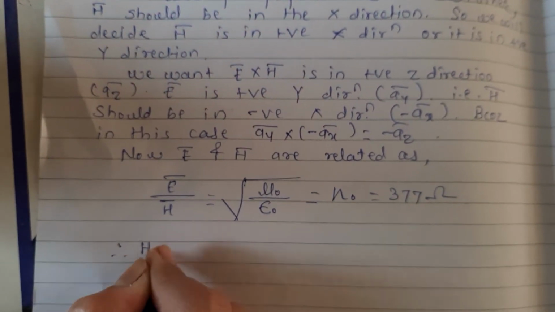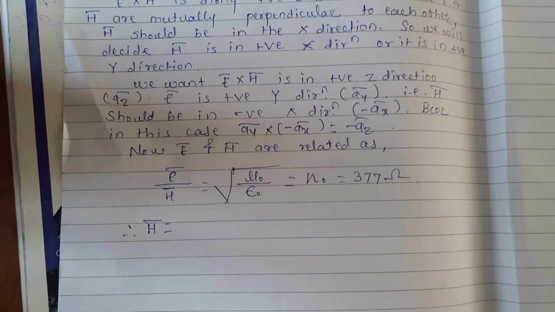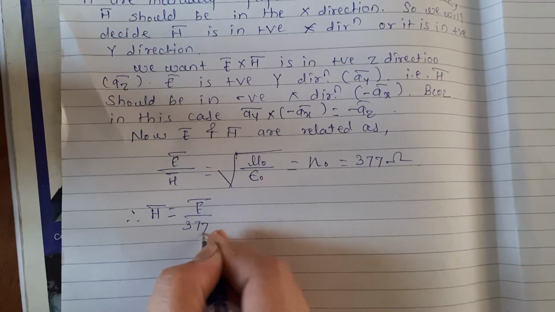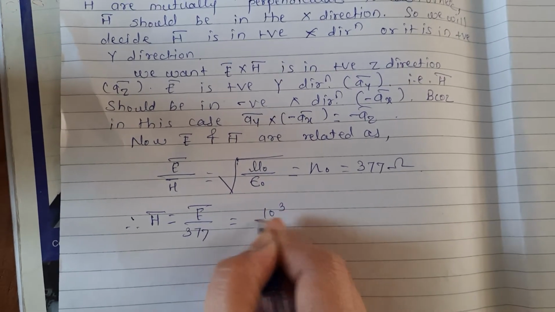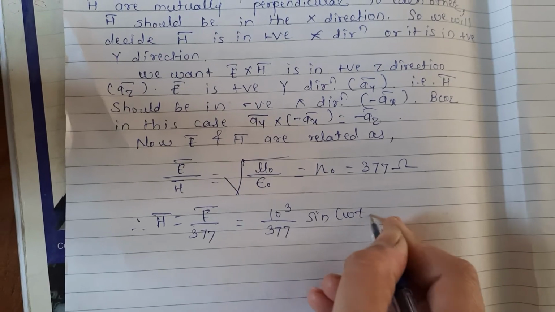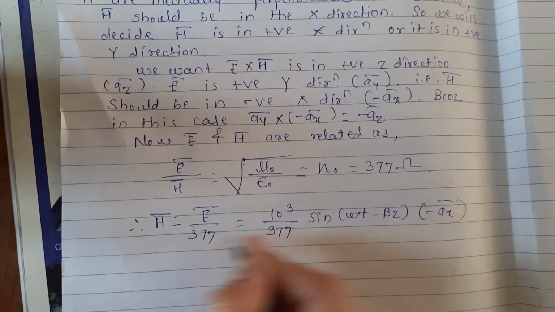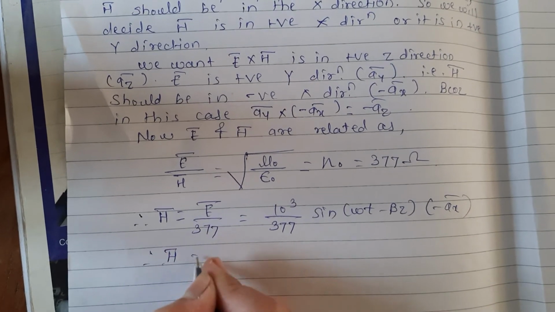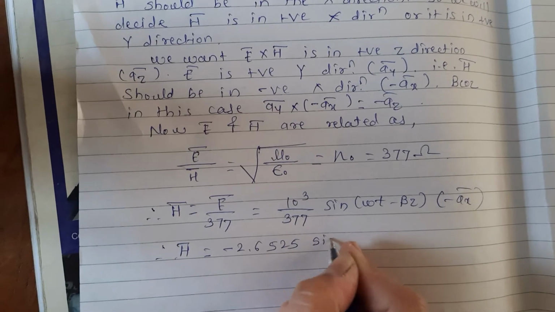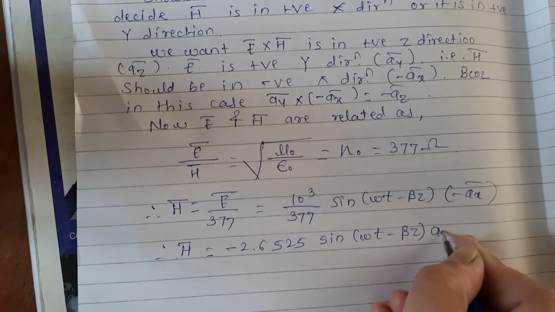Therefore H is equal to E by 377. So H is equal to 2.6525 sin(ωt − βz) a_x.